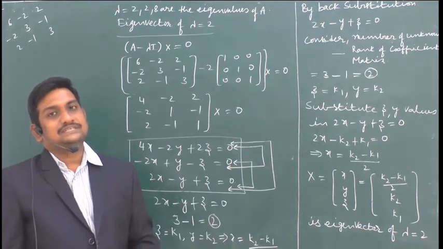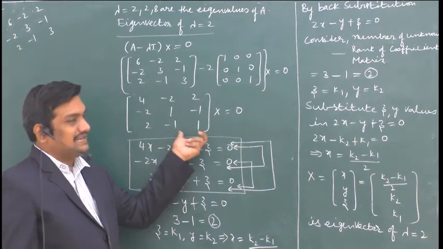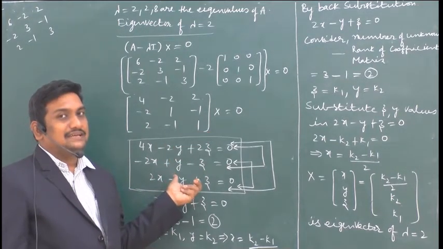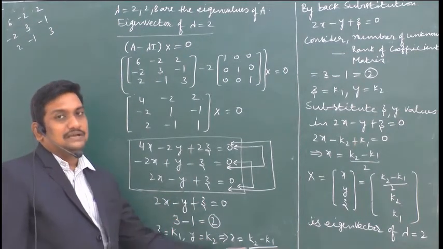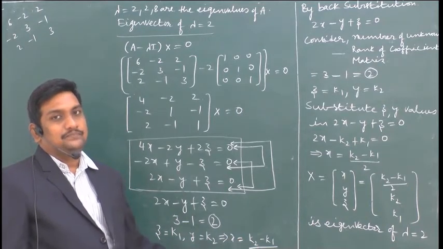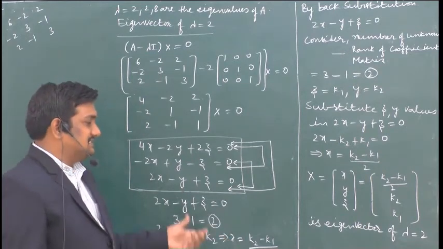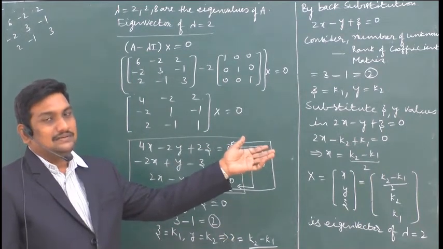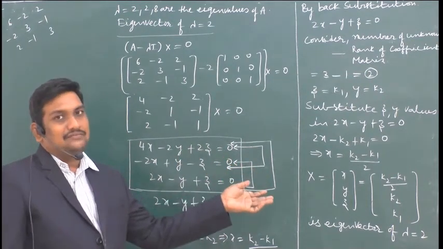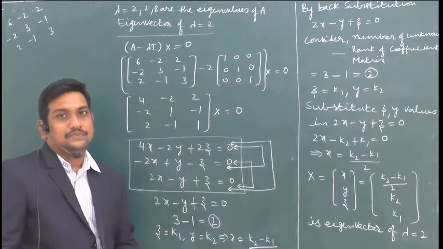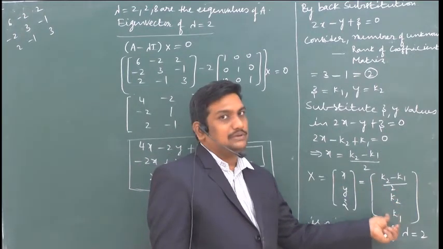One approach is using the echelon form method; the other approach is writing the equations from the matrix representation, identifying different equations from the system, assuming some values for the unknowns and finally identifying the other unknowns. So you can apply either method. Finally, the eigenvector of 2 is (k2 minus k1) by 2, k2, k1.